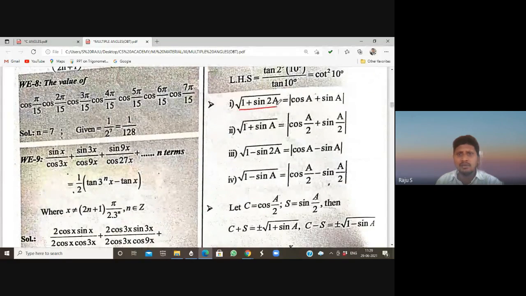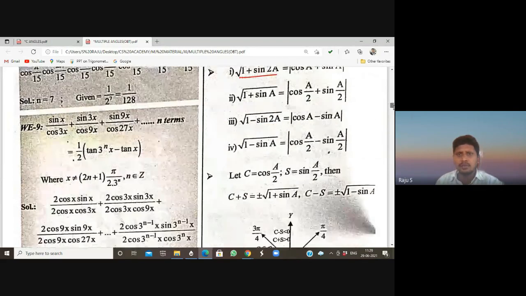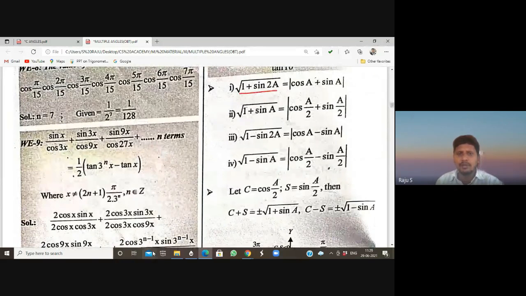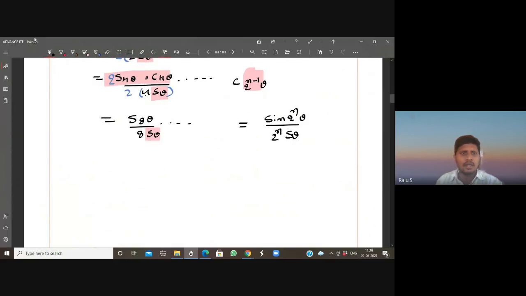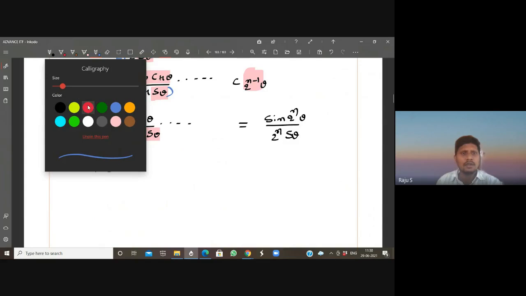This we already know, 1 plus sine 2a, which I think we already proved. For example, root over 1 plus sine 2a, why is it equal to modulus of sin a plus cos a? I want to derive this.